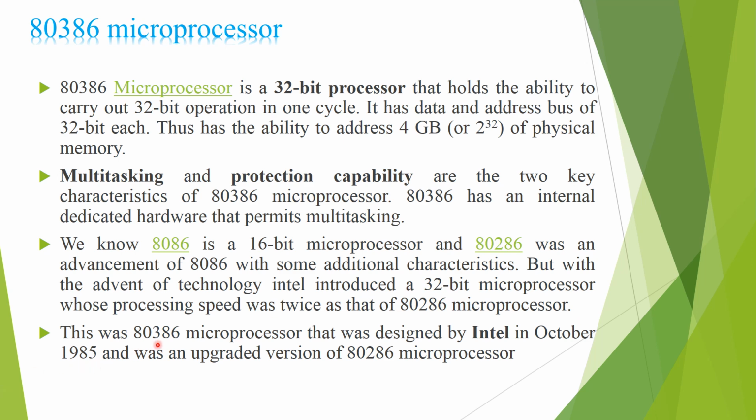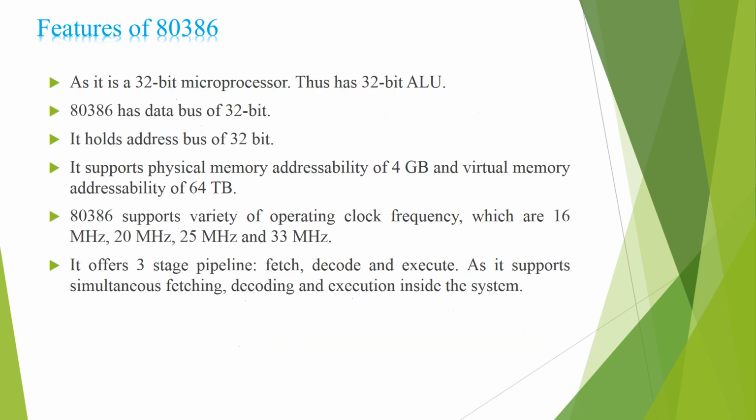This was the 80386 microprocessor that was designed by Intel in October 1985 and it was an upgraded version of the 80286 microprocessor. So 80286 is the advanced version of 8086 and 80386 is the advanced version of 80286 microprocessor.